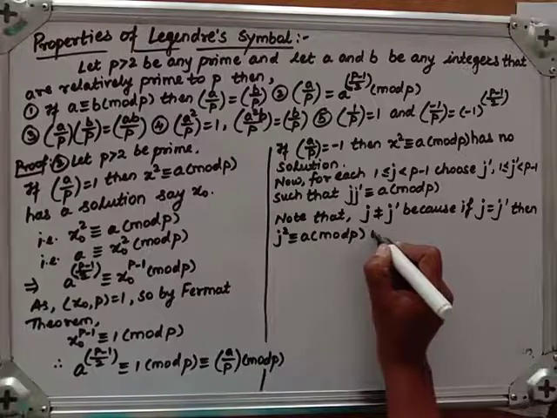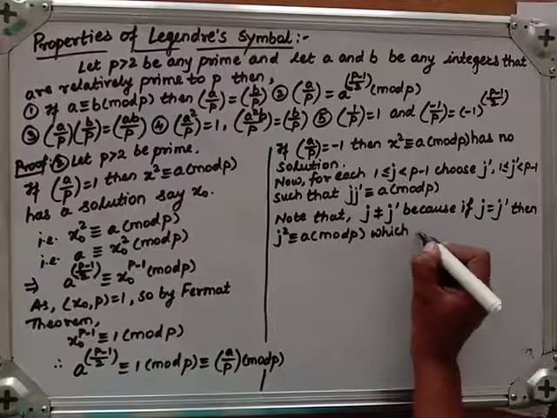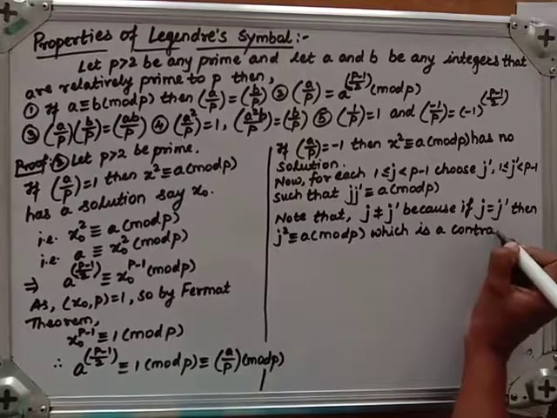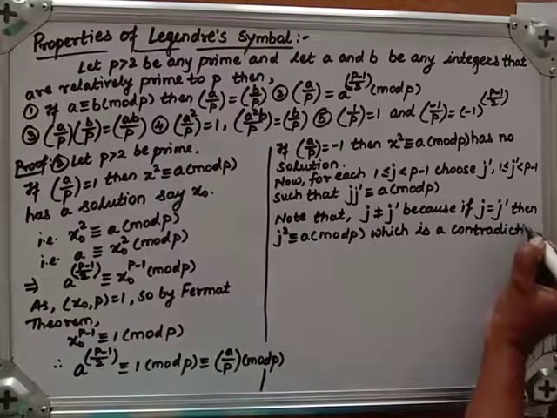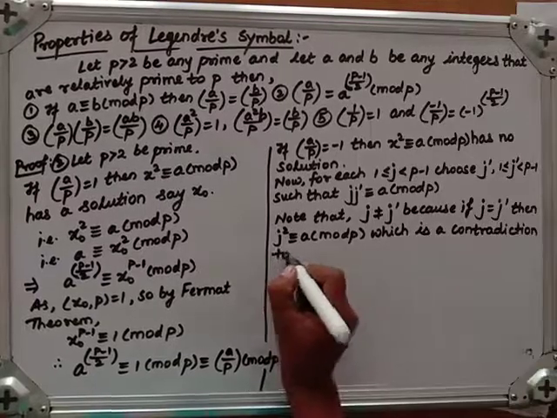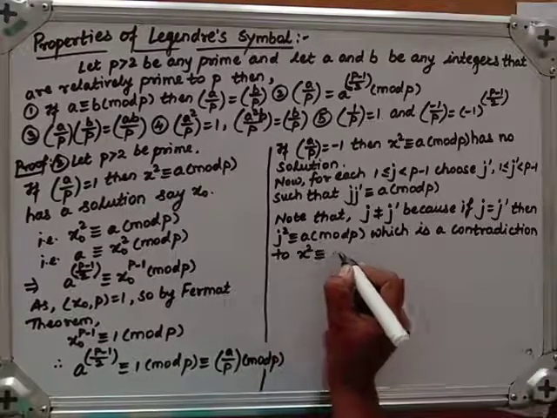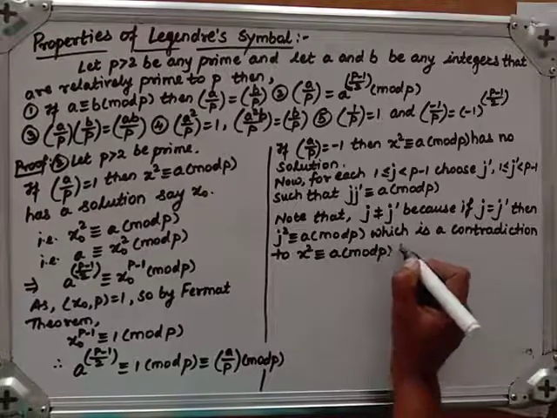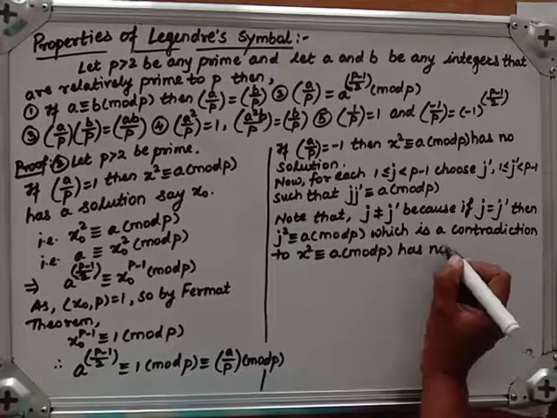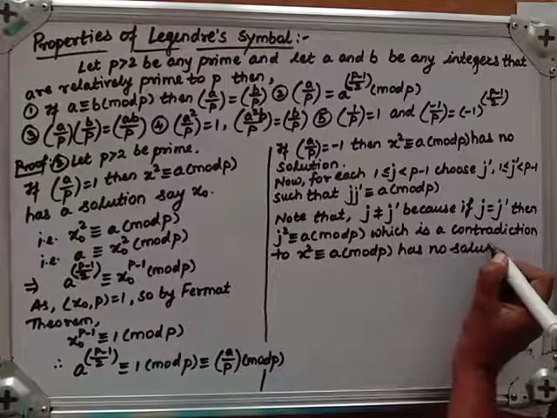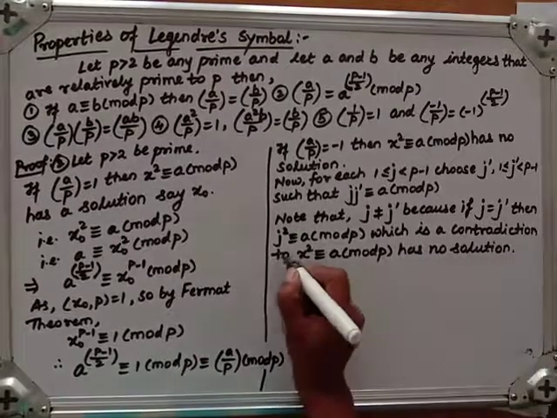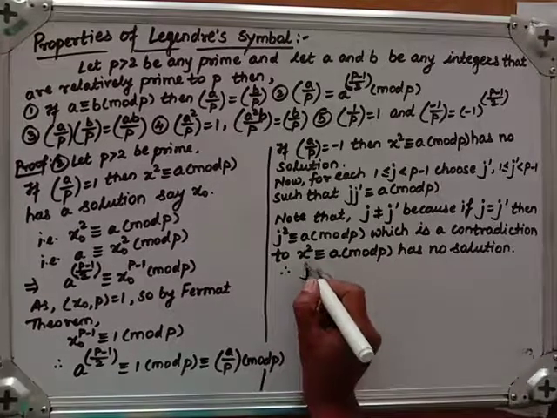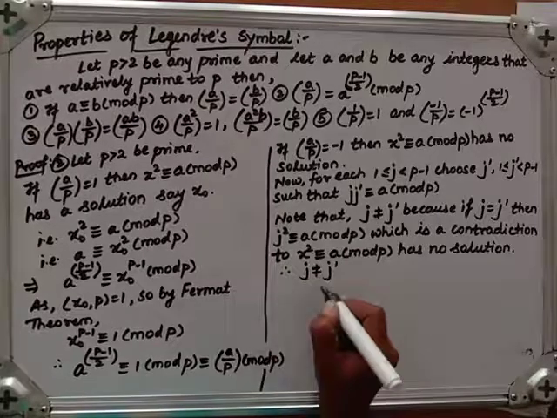Which is a contradiction to x square congruent to a modulo p having no solution. Fine? Okay. Therefore, j is not equal to j dash.